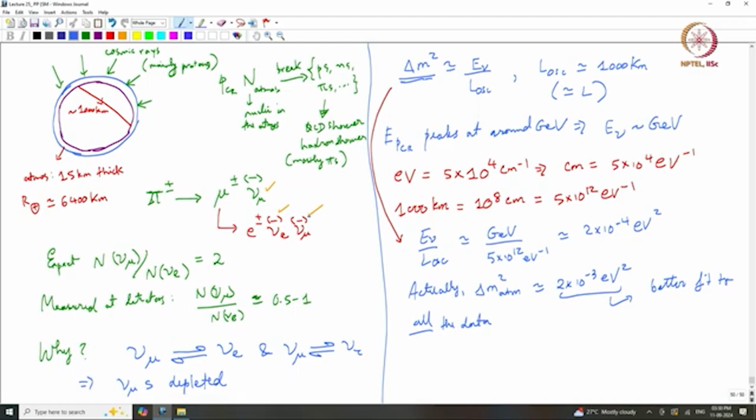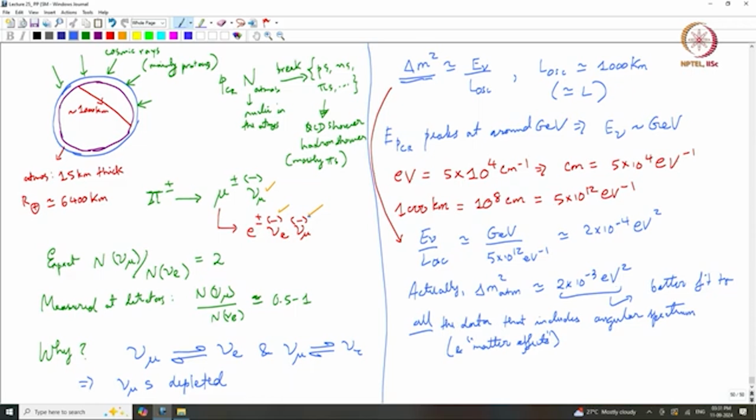But if you were to account for all the data, which includes the angular spectrum, and something called matter effects, which we are going to see right away next, then you get 2 times 10 power minus 3 electron volt square.